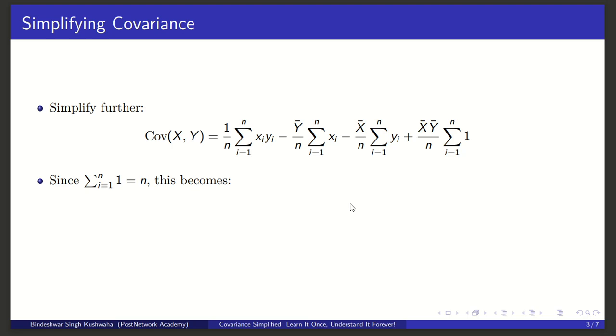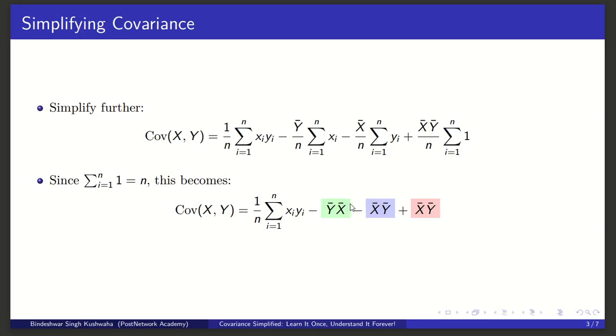Since the summation from i equals 1 to n of 1 is equal to n, this becomes the covariance, and on the right side you can see the expression.